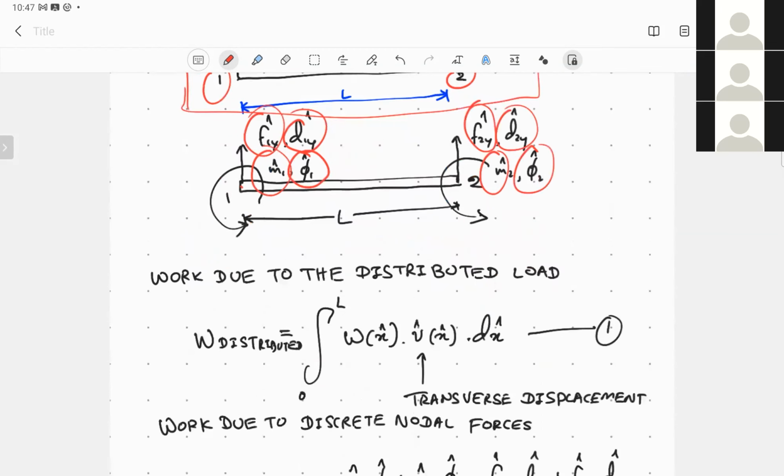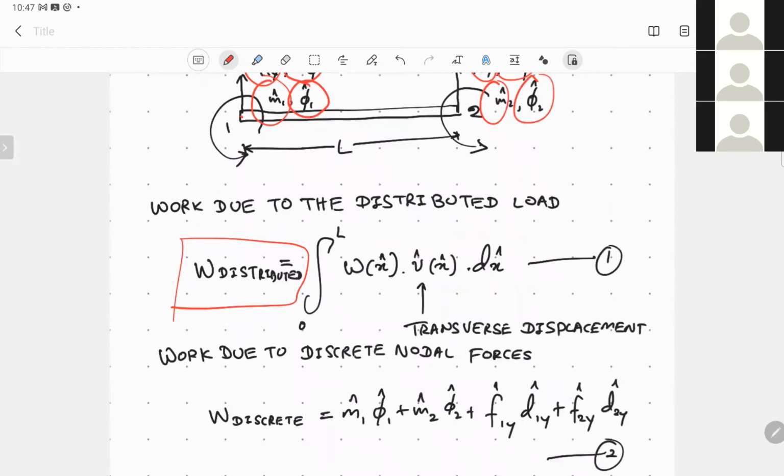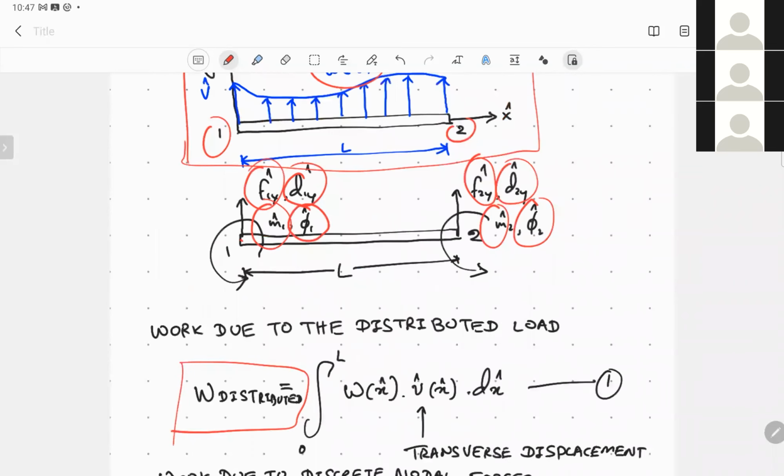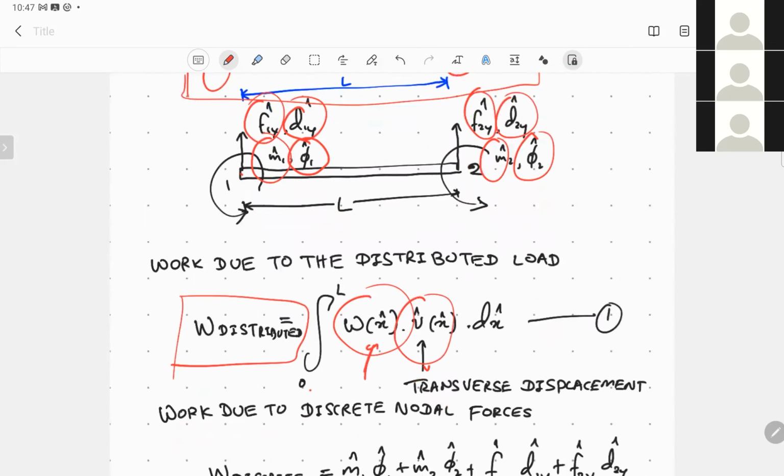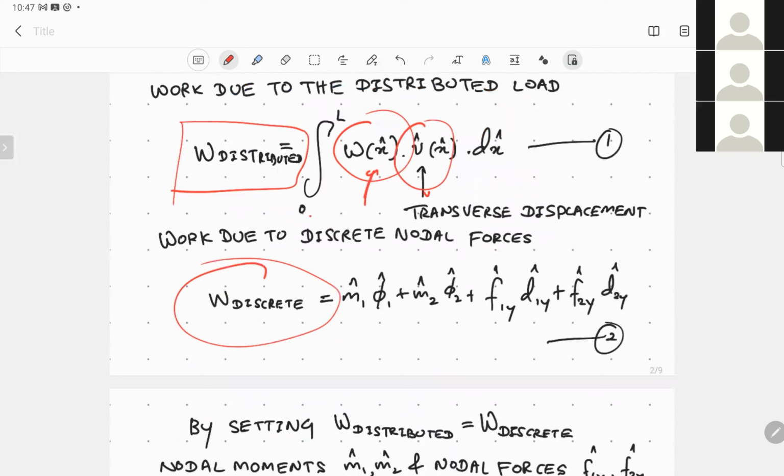So our concept is the work done by the distributed load is nothing but the load function multiplied by the transverse displacement function, integrated along the length of the element from 0 to L. And this work done by the distributed load should be equal to the work done by the discrete forces as well as moments.